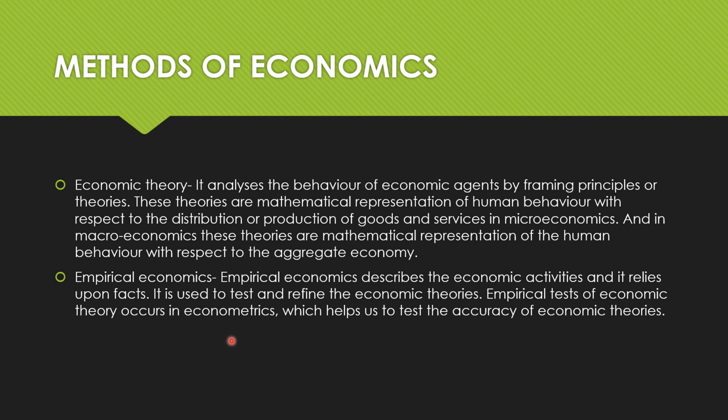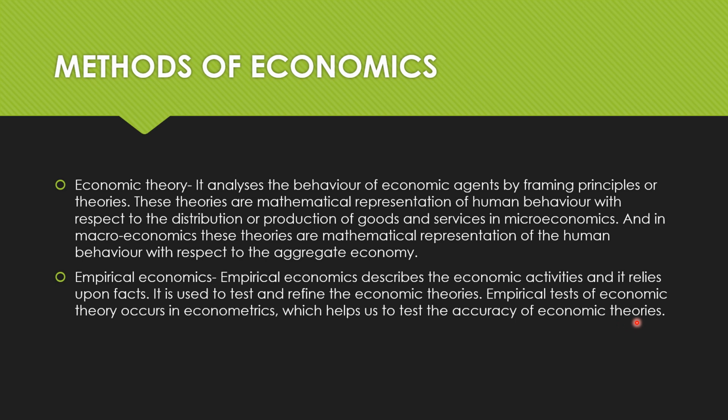When these economic theories are put to test, so as to refine them or prove them, some empirical tests are used, and these empirical tests are covered in econometrics. When we study econometrics, we will understand this concept. Empirical tests help us test the accuracy of economic theories.